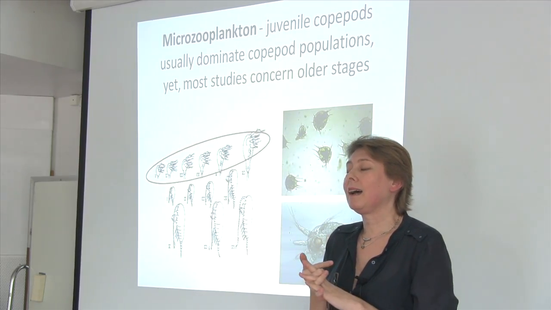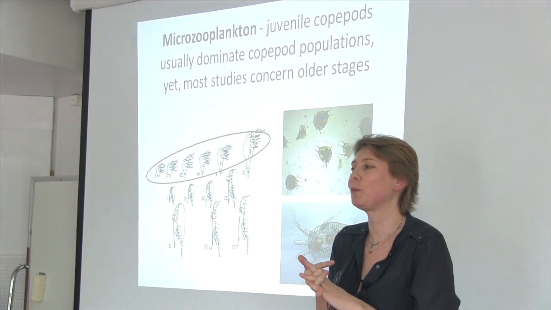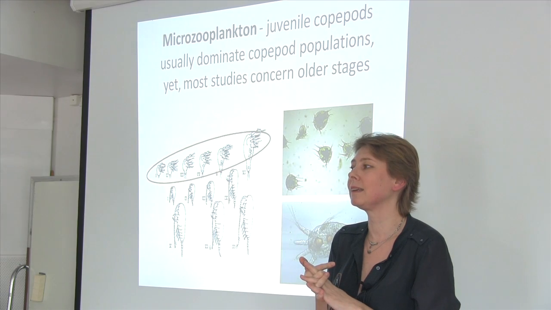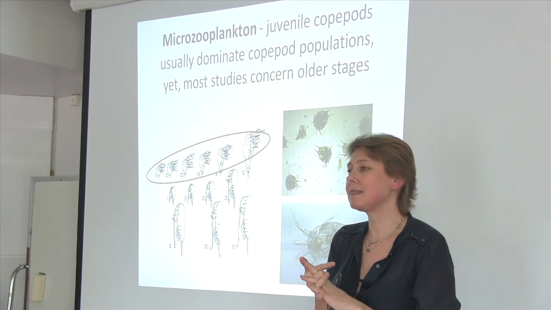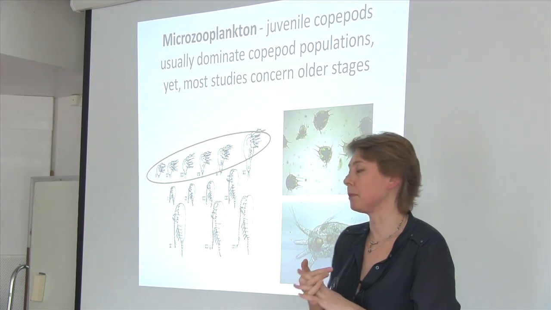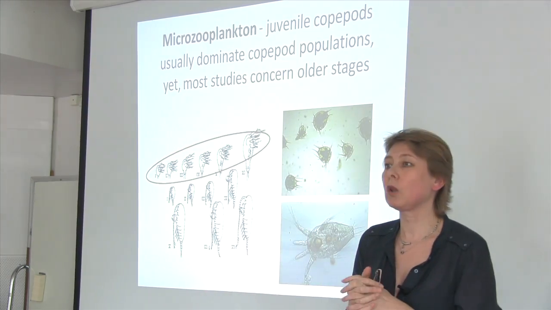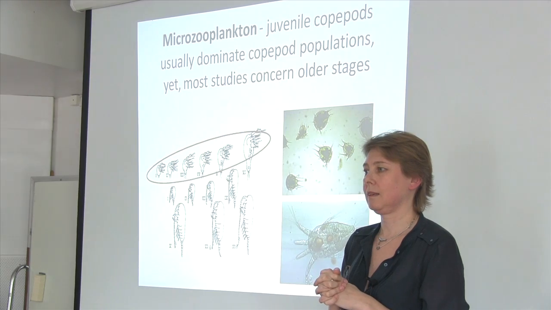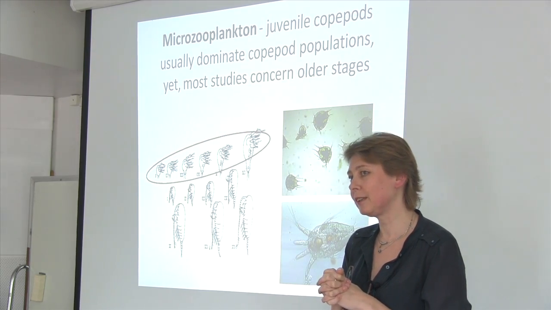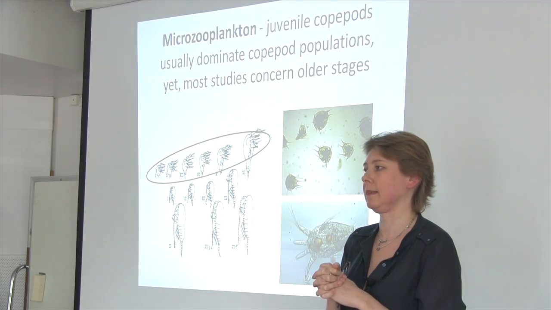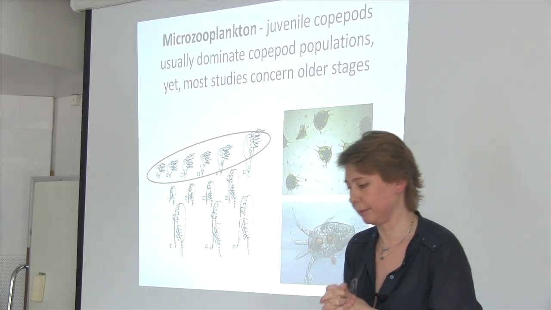But what makes it not quite representative for the community is that the proportion of these in the population is the lowest. So whatever we measure is for the least representative part of the population.